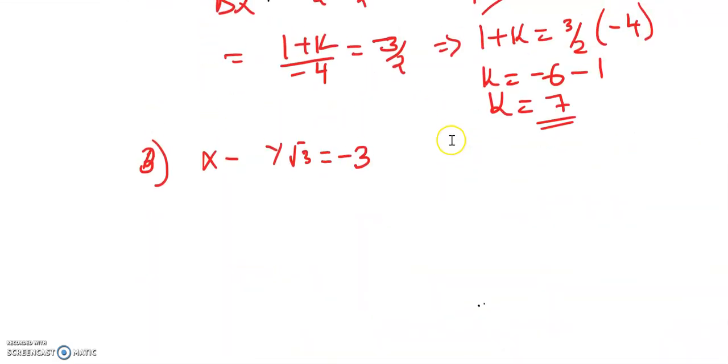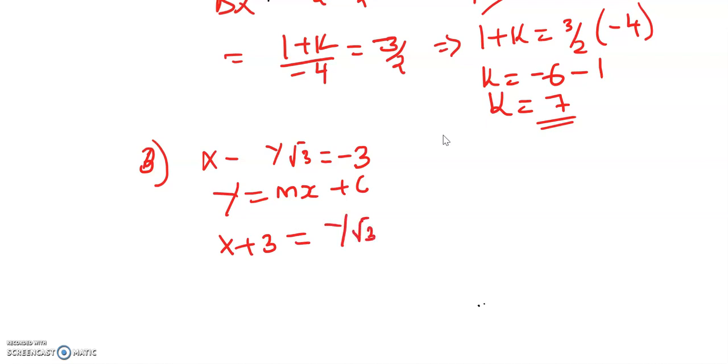Now we have to change this one to conform to the standard linear equation, y is equal to mx plus c. So we can take y to this other side by adding y on both sides and then adding 3 on both sides. So we can get x plus 3 is equal to y root 3.